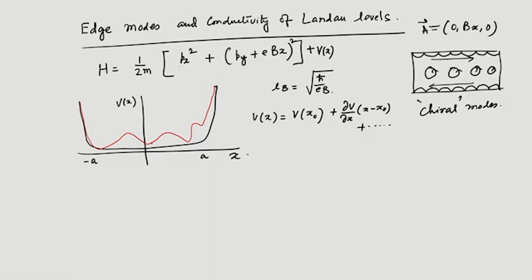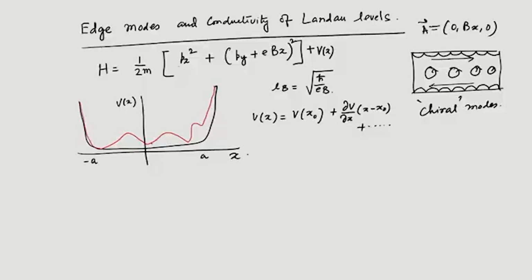Even though with disorder it does not look smooth, if you pick a region where it looks smooth, this expansion can still be done. The first term is anyway a constant, so it does not bother us much. This looks like an electric field. So it is like a potential due to an electric field.